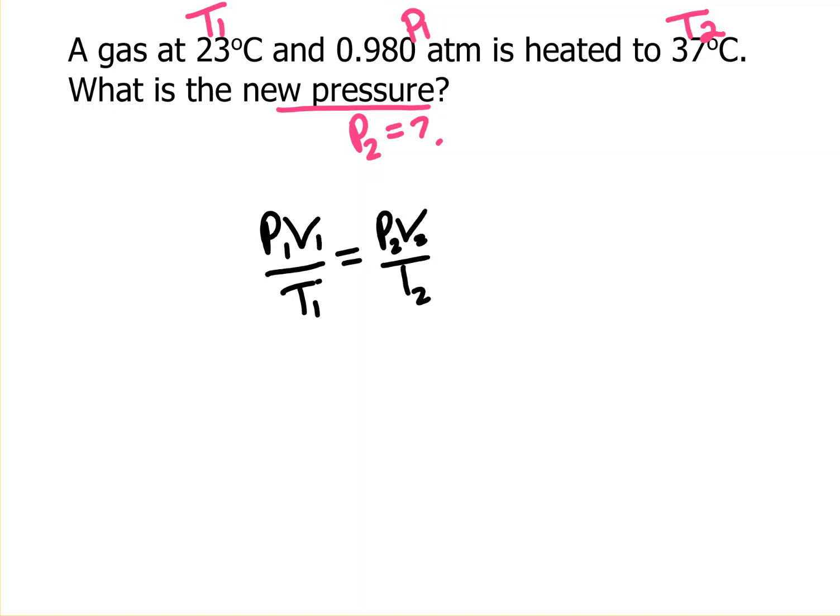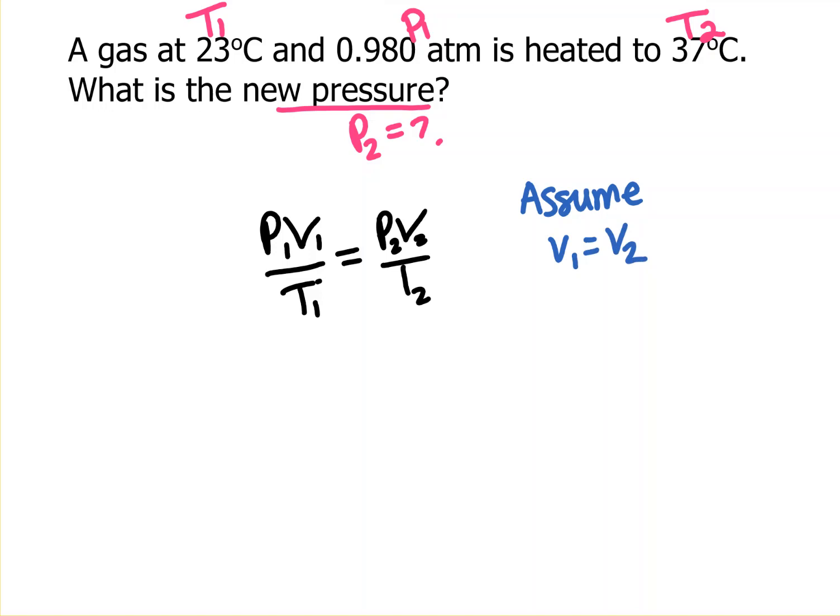I can start with the combined gas law and then simplify it for this situation. And what I notice is that nowhere in this problem am I given a volume. So I need to make an assumption about volume. Whatever number V1 is, it's the same number for V2.